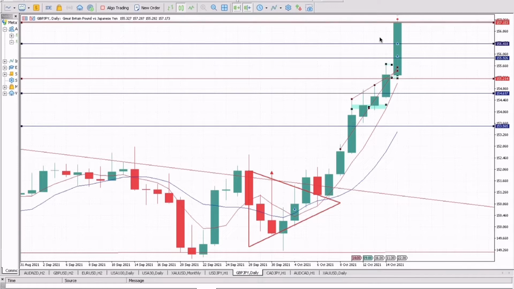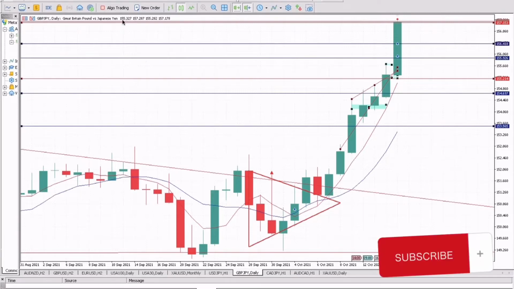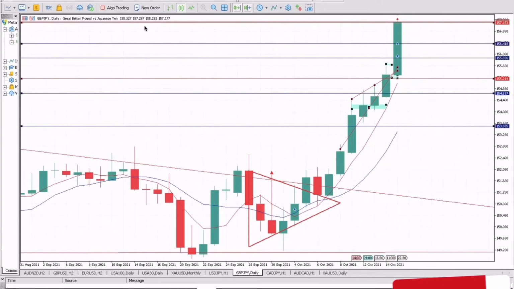Because the trading is still going on, it shows that the market opened at this level. This is the highest it has been so far, and this is the lowest so far, and here is the close. Here is where it is right now. So not until the day is over do you get the real figure of the close.